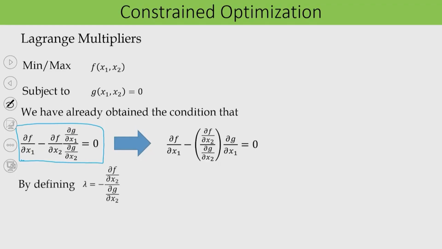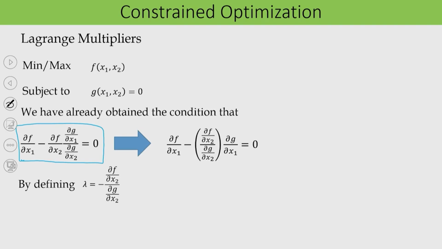Now putting in lambda, which is known as the Lagrange multiplier. We will discuss the significance of lambda later on, but lambda is equal to minus del f by del x2 divided by del g by del x2.